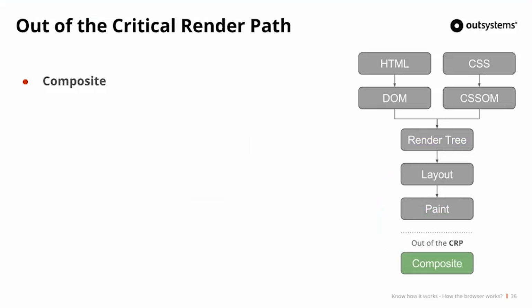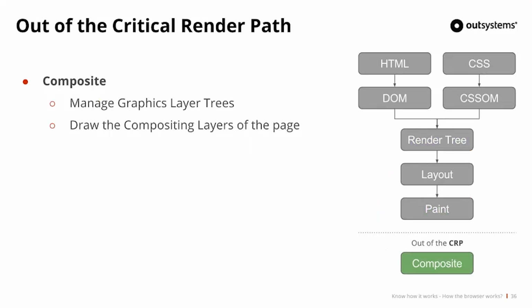So we have the composite, and the composite is out of the critical render path. And why is that? Because the composite is where we manage the graphic layers, and use the GPU instead of the CPU. The critical rendering process uses the CPU.